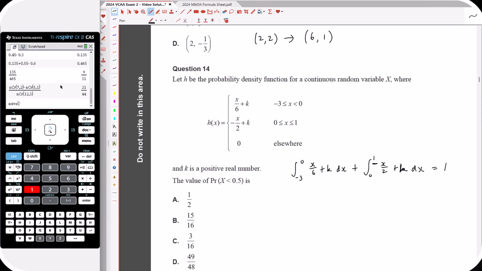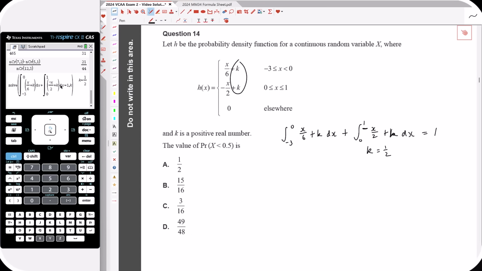So using the solve function with the integral, x on 6 plus k from -3 to 0, and then plus another integral from 0 to 1 of minus x on 2 plus k, solve equal to 1 for k. Okay, so k equals half.